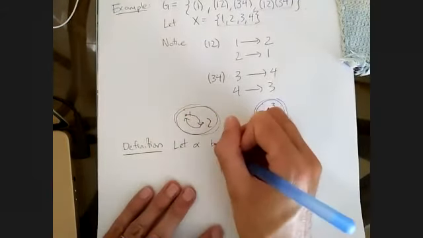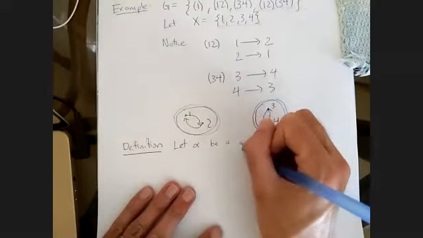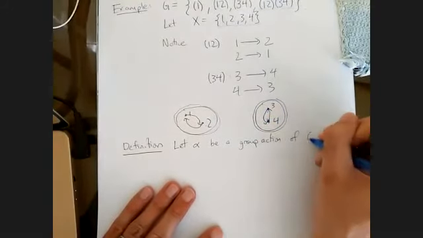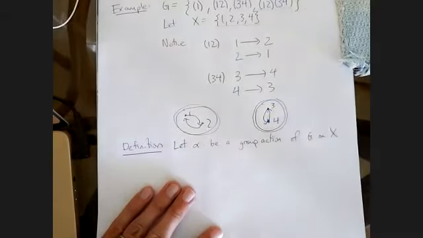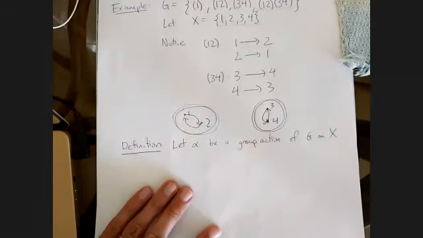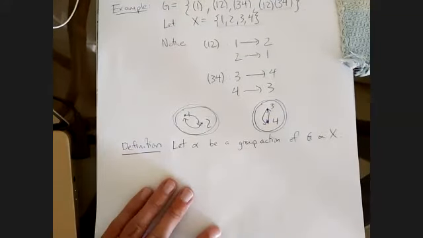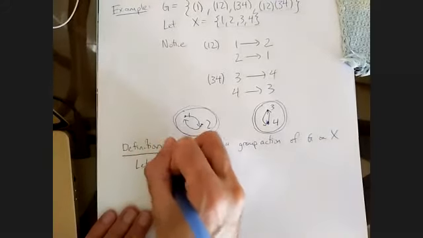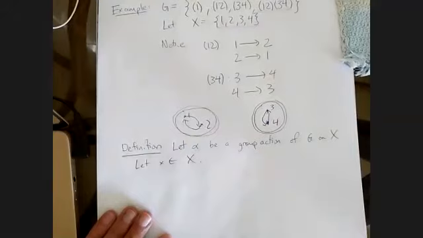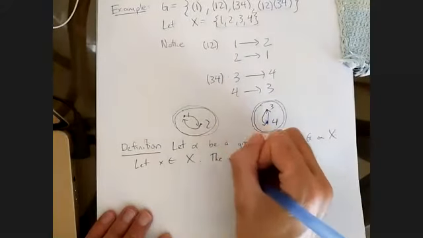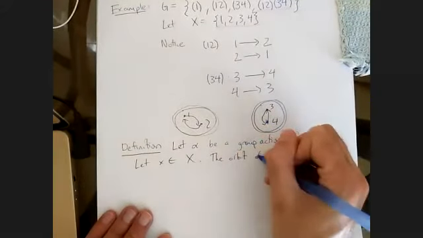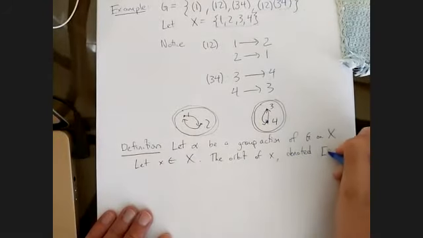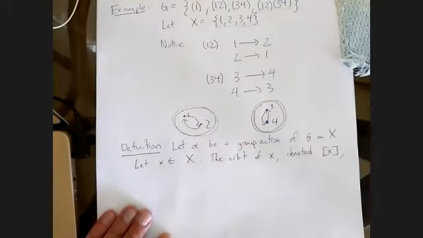Let alpha be a group action of G on X. Let x be an element of X. The orbit of x will be denoted by [x] for now.